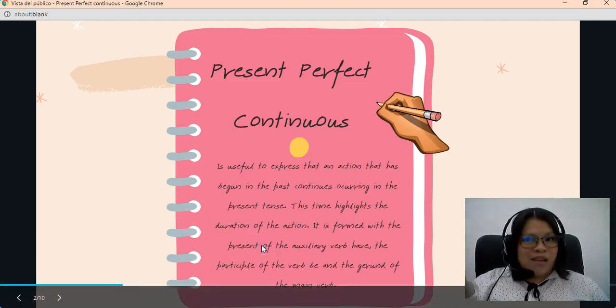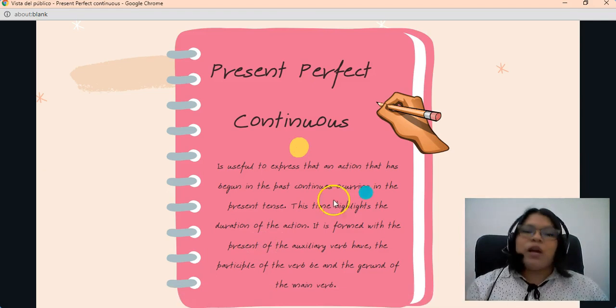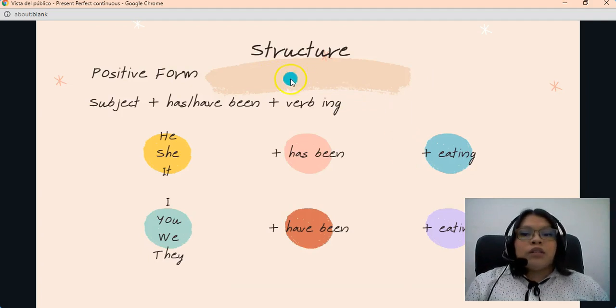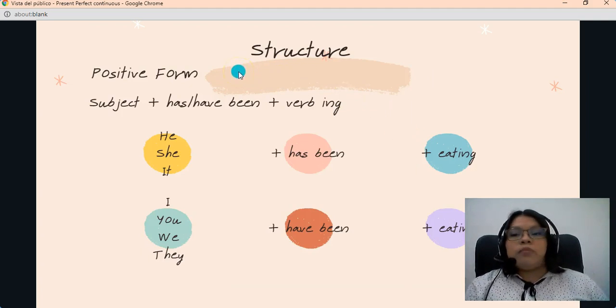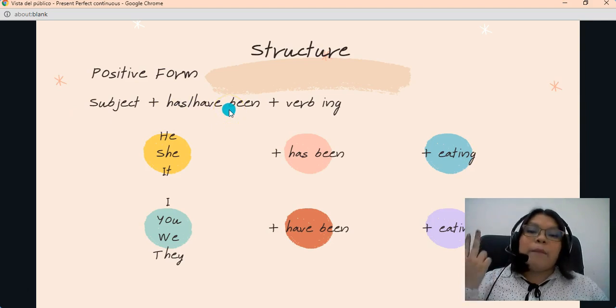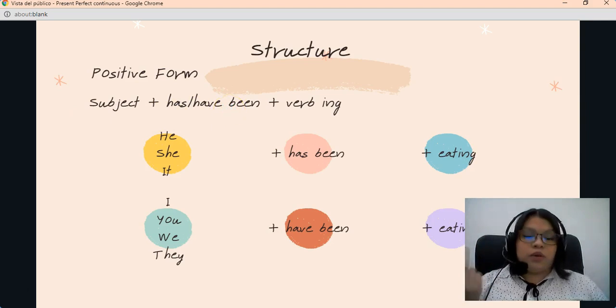But how? I still don't get it. Don't worry. Let's check the structure. For the affirmative or positive form, we have this structure. We need the subject plus has or have been plus the verb in ing form. Remember, the third person has a special form. He, she, and it.